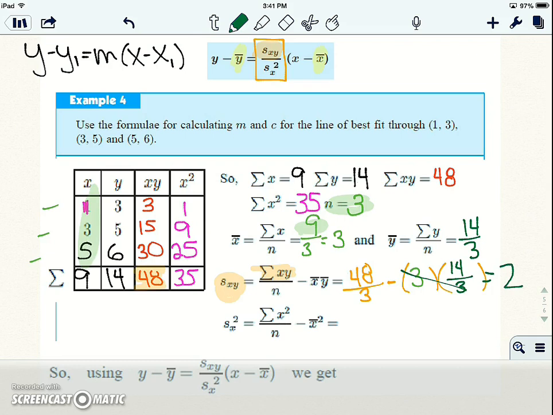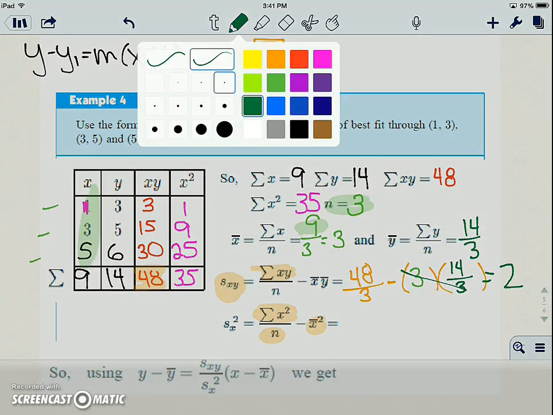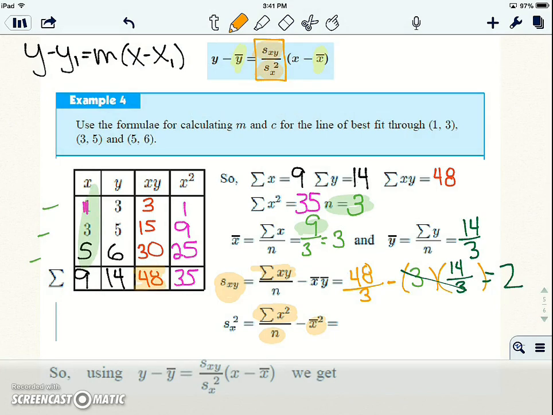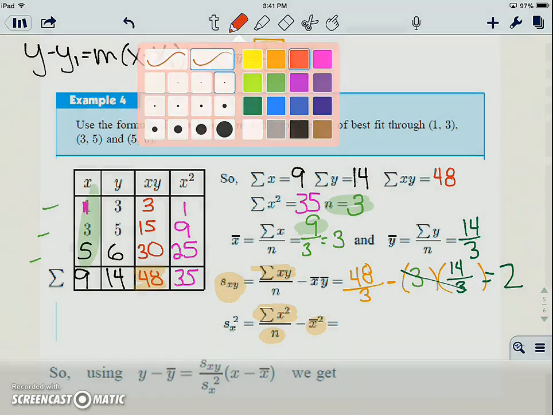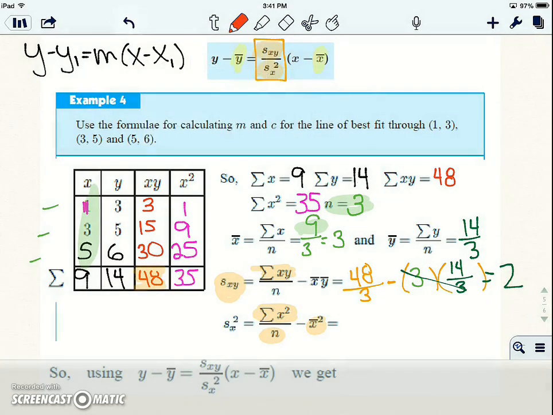Be very careful, try that on your calculator. Now we need the second part of this equation, okay? The standard deviation of x squared, which is the sum of the x squared divided by n minus the average x squared. So again, the sum of my x squareds, and I'm going to pick a different color this time.